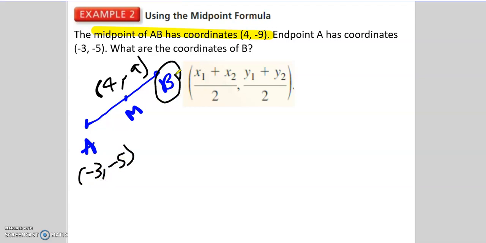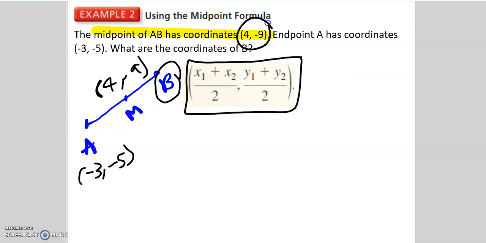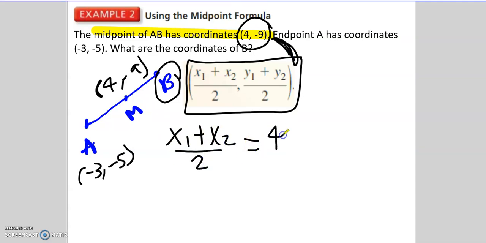Again, this is the one I chose because I'm talking about full points, full ordered pairs, not just an x value. And I really want to think about what this is the formula for. What's that the formula for? Midpoint, right? And I know the midpoint. Those two things are related. x1 plus x2 divided by 2 is 4, right?